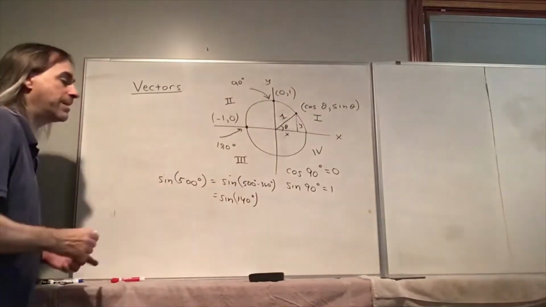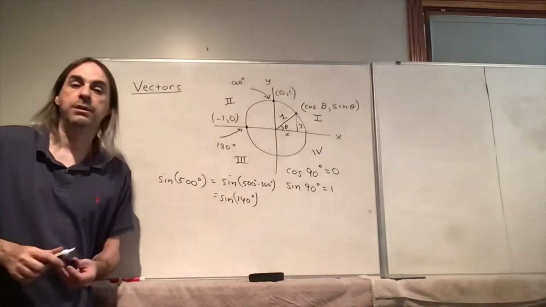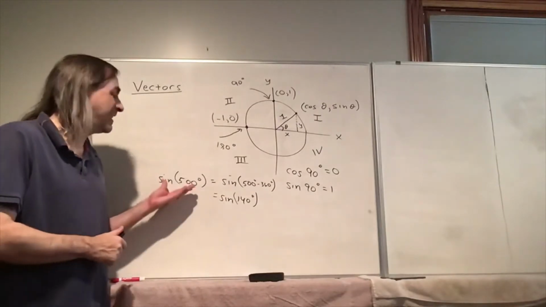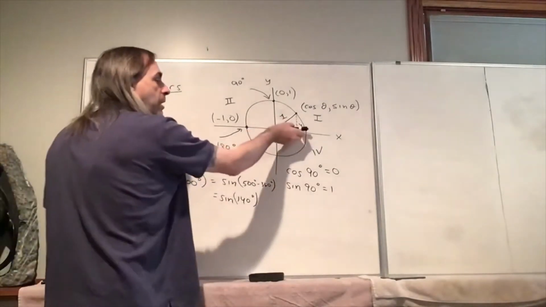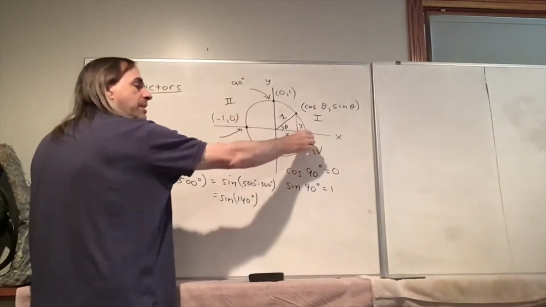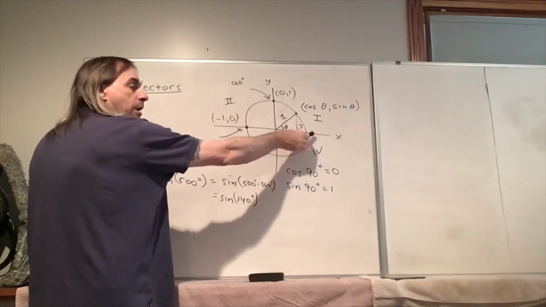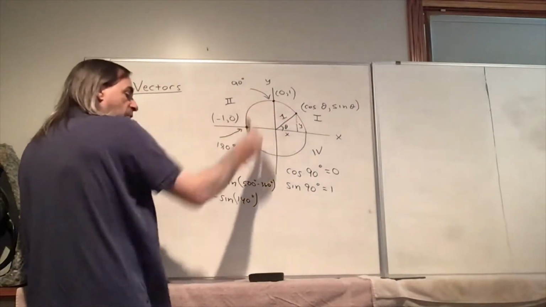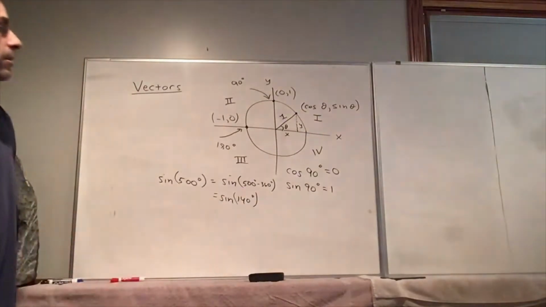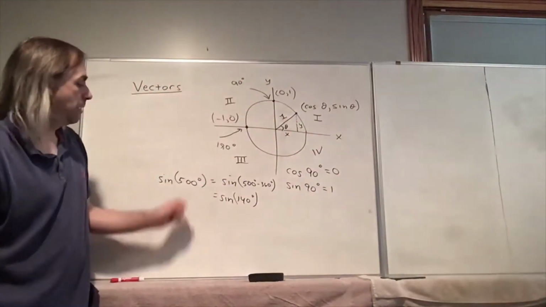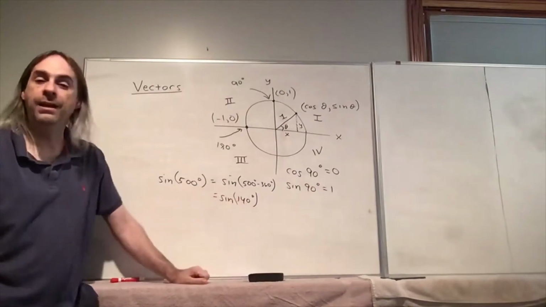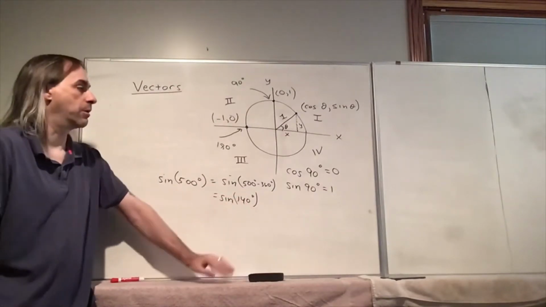So you can subtract 360 degrees. If you just picture this angle of 500 degrees, you start here, you go around 360 degrees, you're back exactly where you started, and then you go an additional 140 degrees. And so these two angles are going to end up at the same point on the unit circle.